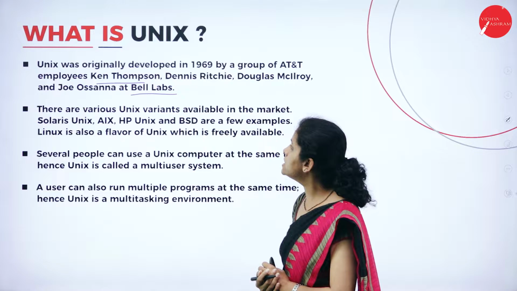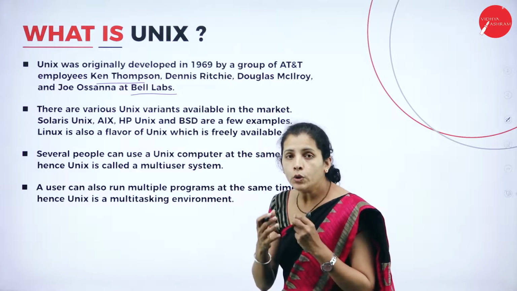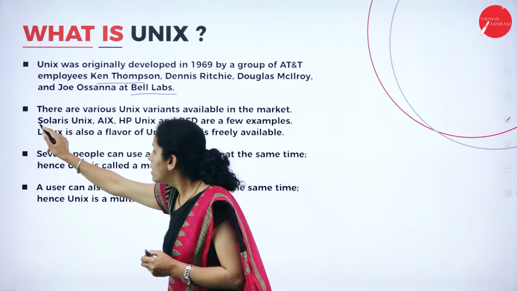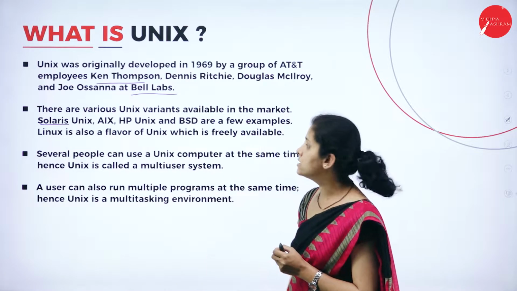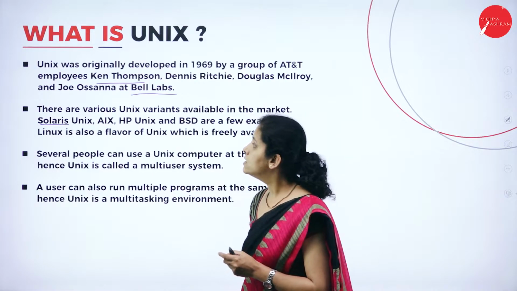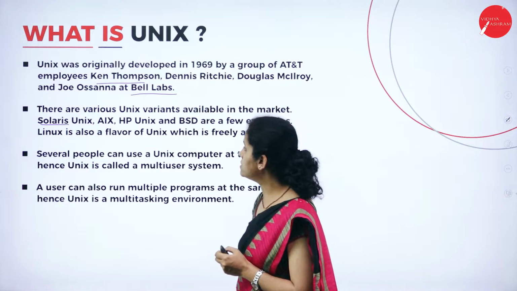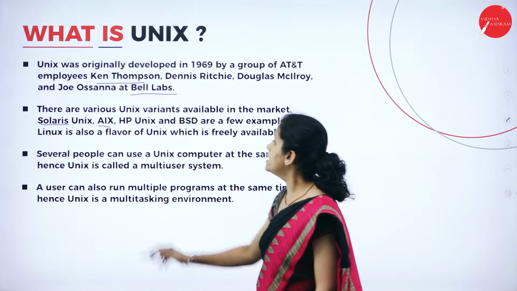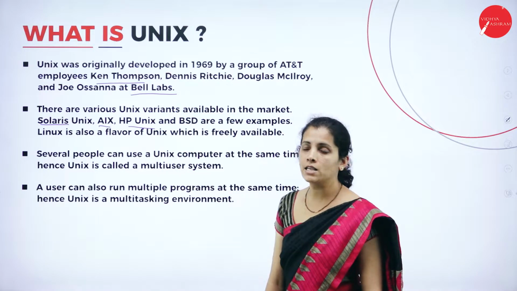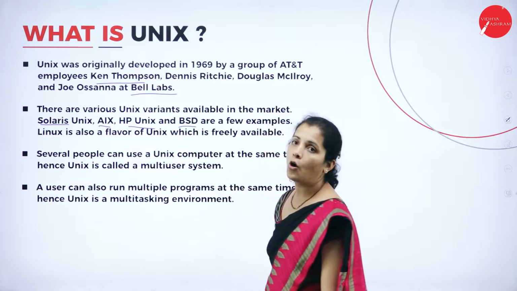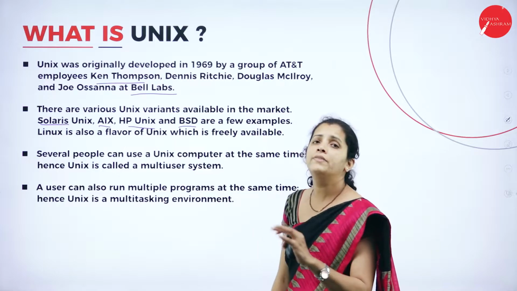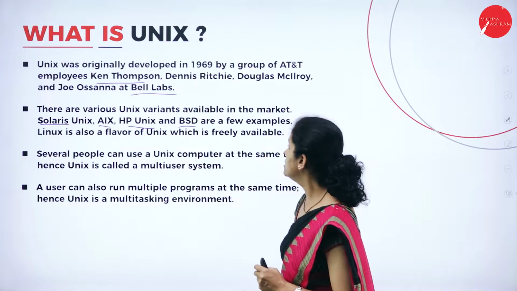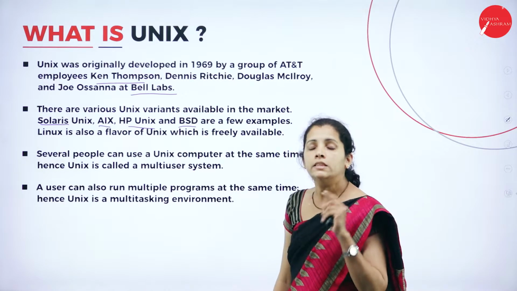There are various varieties of Unix operating systems available, like Solaris Unix, AIX Unix, HP Unix, as well as BSD operating systems, which are the different flavors or varieties of a Unix operating system.